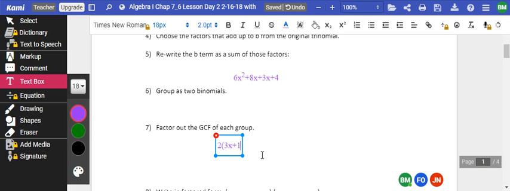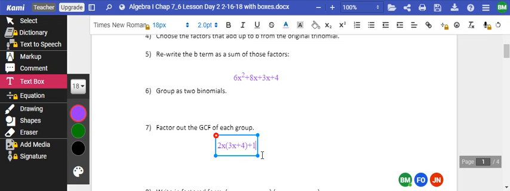So we're going to use 6x squared and 8x, and if I take out a 2x, I'm left with 3x plus 4.